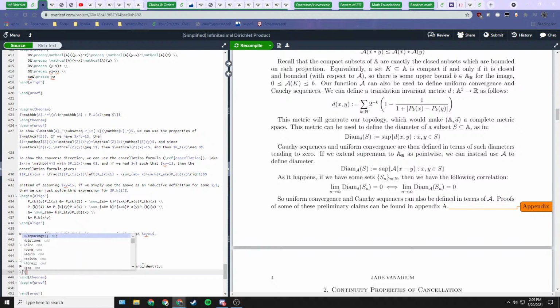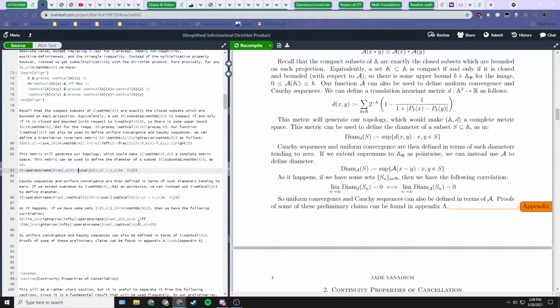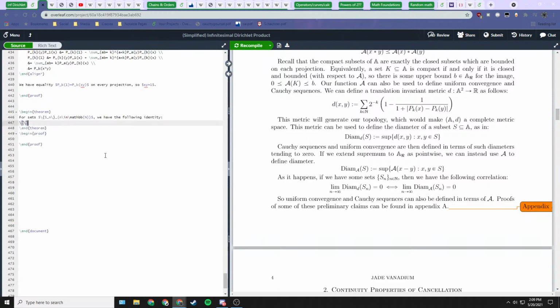We'll go up here, copy this, and say: the limit as n goes to infinity of this thing in terms of S of n will be 0 if and only if this other thing, A of x minus y, is 0. So this is our diameters. We want to say that these diameters are tending to 0 if and only if we have this condition.